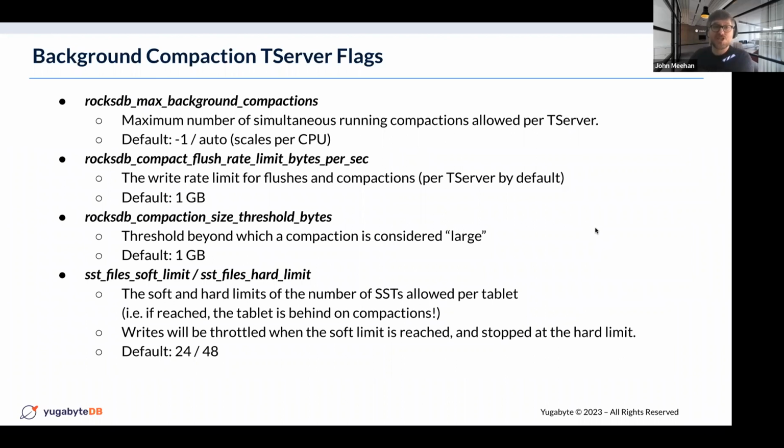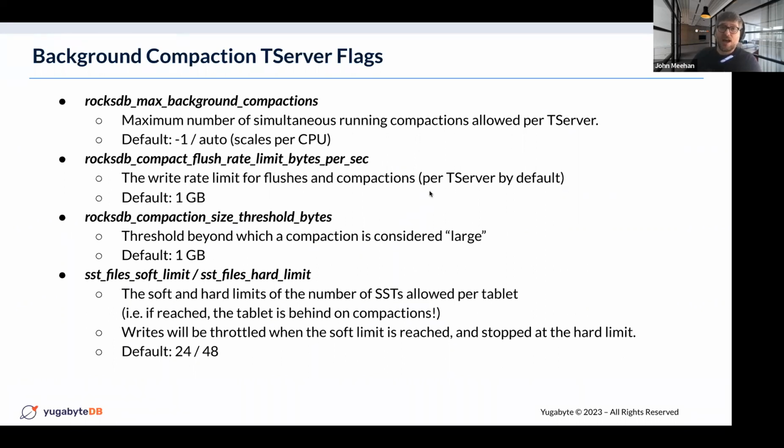The compaction resources can be controlled by a number of TServer flags. You can control the number of simultaneously running compactions using this background compactions flag. By default, that's set to -1 or auto, so that scales based on the CPUs available. You can also control the compaction and flush rate limit in terms of bytes per second.